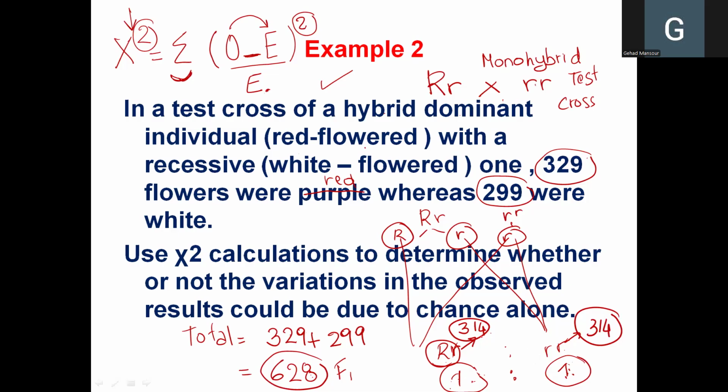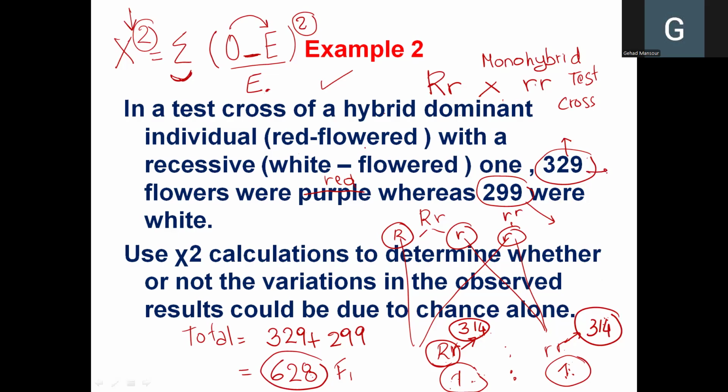But actually what happened is that we did not obtain 314 red flowers and 314 white flowers, but we obtained 329 red-flowered plants and 299 white-flowered plants, which means that the number of red-flowered plants was bigger than expected, whereas the number of white-flowered plants was smaller than expected.